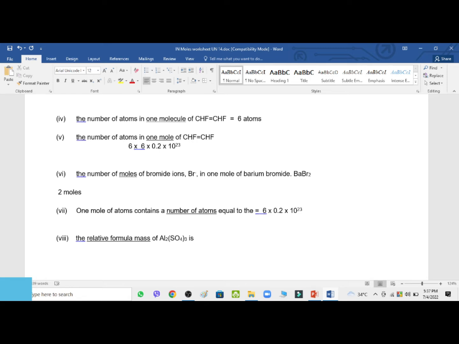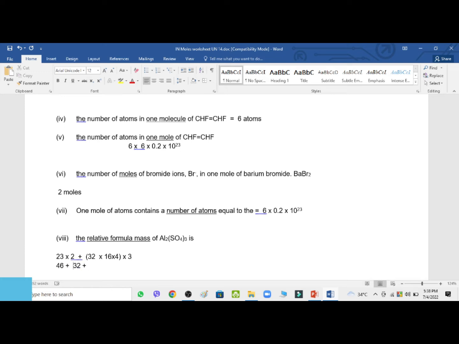Started with aluminum. From the periodic table you get 23 as a double, plus here is sulfate: sulfur 32, plus oxygen 16 into 4. This gives 46 for aluminum and 32. Oh, here is slightly wrong, because the sulfate together is multiplied with 3.